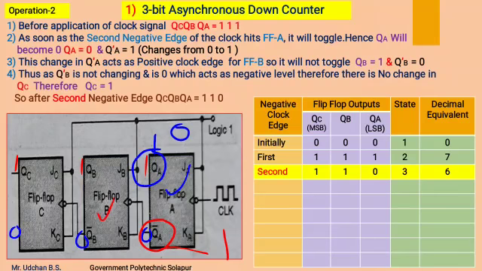Now this QA complement is changing from 0 to 1. Therefore flip-flop B receives the positive edge of the clock, so it will not get toggled, and QB does not change. It will remain as it is.